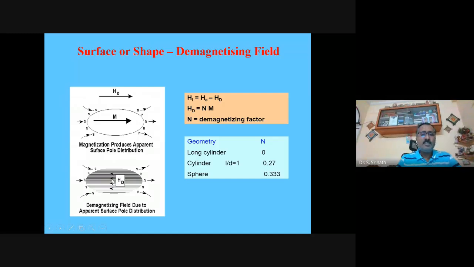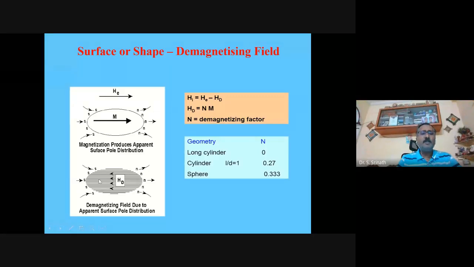Just because this field is opposite to the external field, what is the role of the external field? The external field is trying to magnetize the sample by orienting the spins along this direction, whereas the internal field from these surface spins or induced poles is in the opposite direction. So I call this a demagnetizing field, because it is trying to reduce the effect of the external field, or reduce the total magnetization in the system.